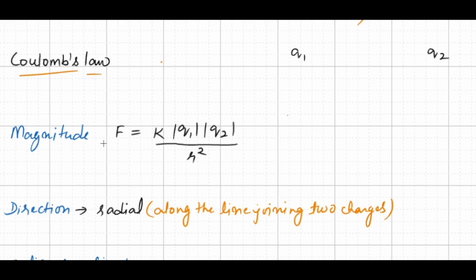It is giving the magnitude of force, and there is a constant and a multiplication of Q1 Q2. If you increase this, the magnitude of force will also increase. If I increase Q2, then the force between them will also increase. And if I increase the distance, because it is in the denominator, the force will reduce. It has an inverse relation. See how beautifully our common sense and Coulomb's law mathematically tell us the same thing.